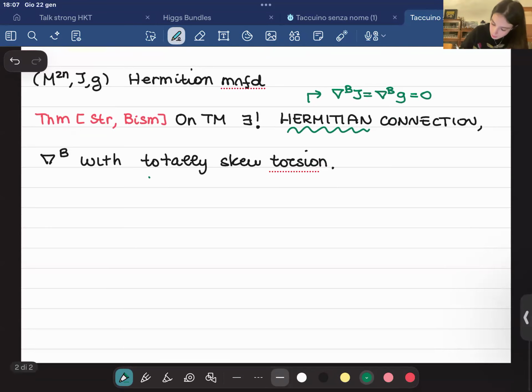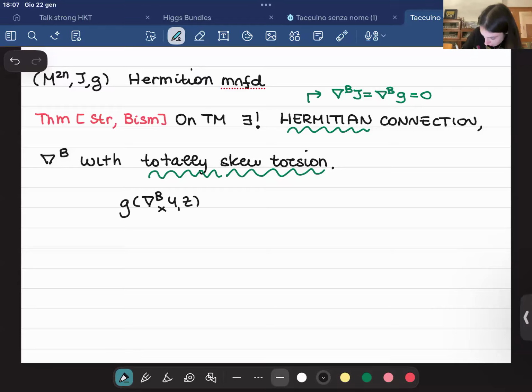And let me say what this totally skew torsion means. I can write down the expression of the Bismut connection: g(nabla^B_X Y, Z) is just the Levi-Civita connection plus a piece, which I will write like H(X,Y,Z).